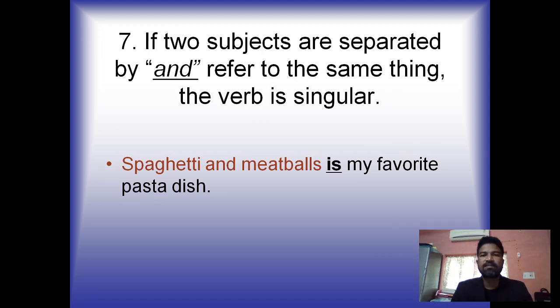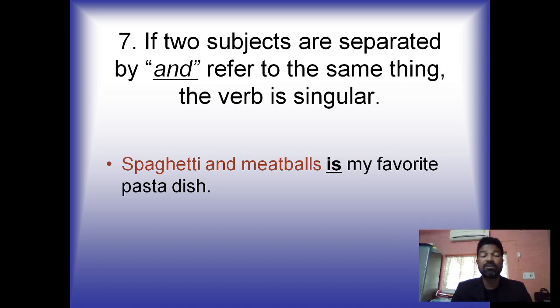If two subjects are separated by and but refer to the same thing, the verb is singular. Read the rule once again. If there are two subjects that both refer to the same thing, then though they sound like plurals, they are treated as singulars.